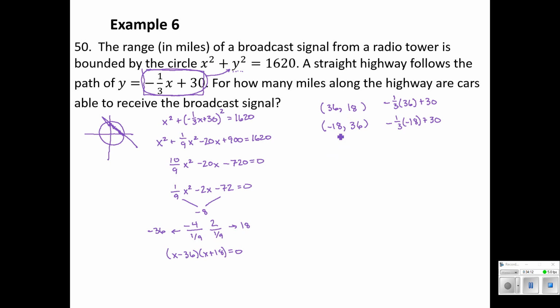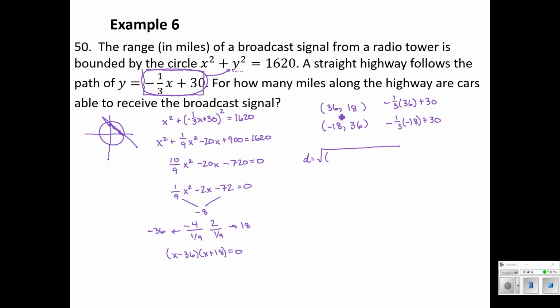Okay, so we found the 2 points where that radio station first is received by the car, and then another point later on where the car leaves that station's signal. So we need to find the distance between those 2 points. Well, let's see.